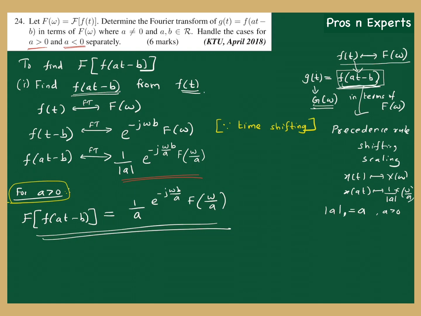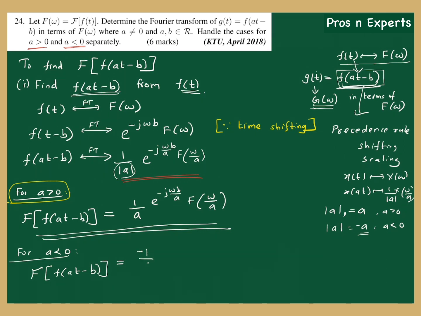Okay, now the second case is for a less than 0. So what is mod a for a less than 0? It is minus a. We have seen this definition in the previous question, right? So mod a will be equal to minus a for a less than 0. So in this case, the Fourier transform of f of at minus b will be equal to, instead of 1 by mod a, we have to write 1 by minus a.